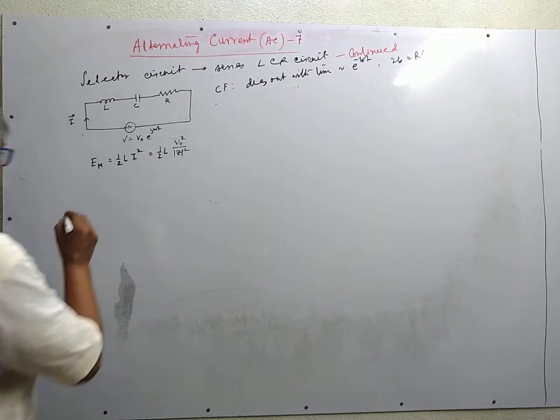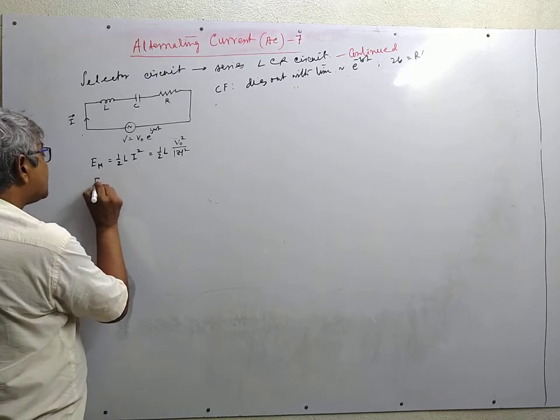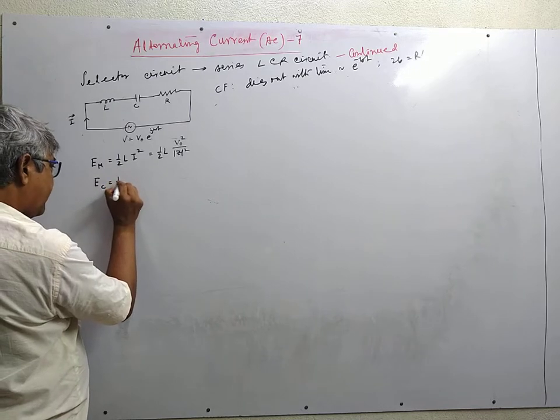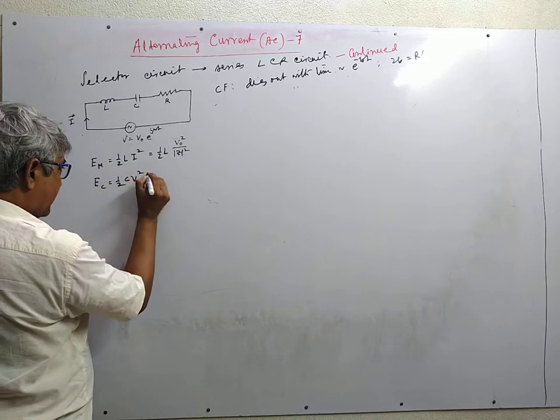And the electrical energy stored in the capacitor is half C V square.